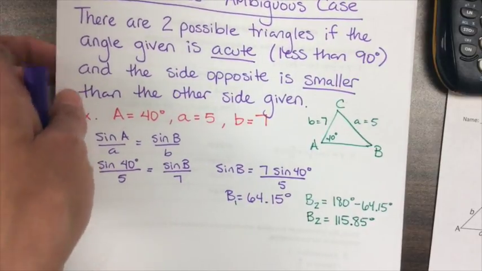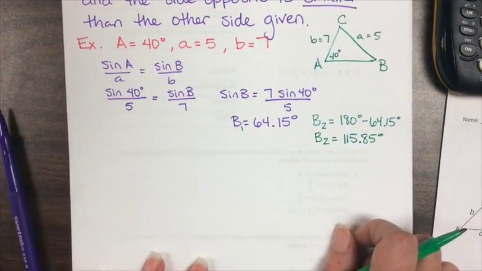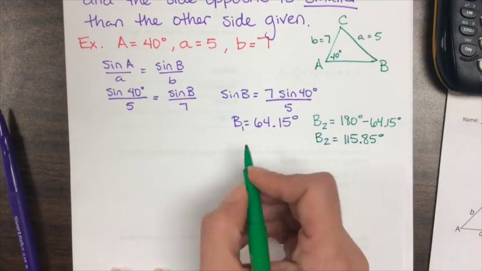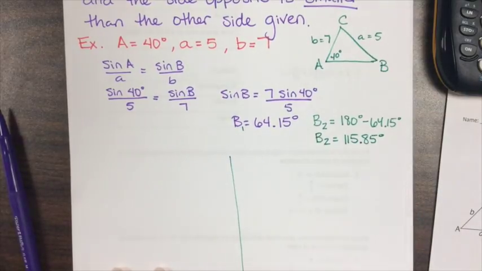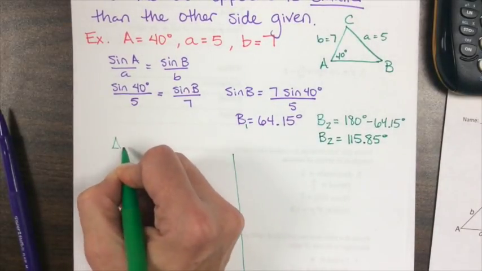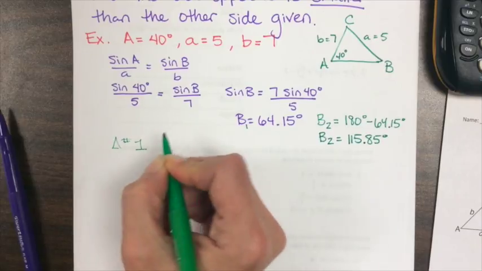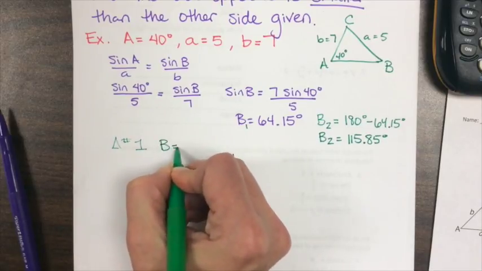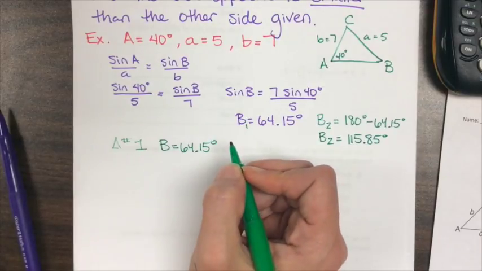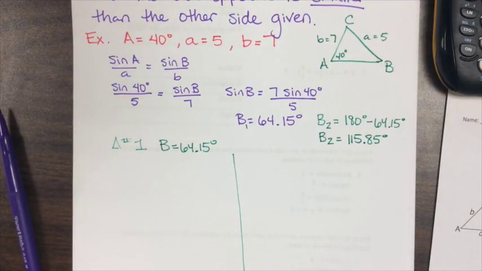All right, now we need to solve both of these triangles. We need to solve one triangle with B1 and another triangle with B2. So I like to separate my paper at this point. This is going to be triangle 1, and that's going to have B equaling 64.15 degrees. So let's solve this triangle first.